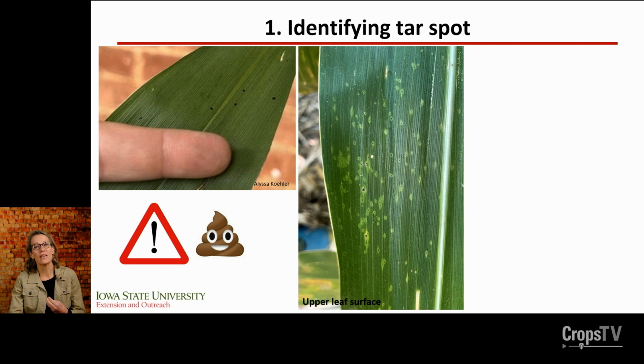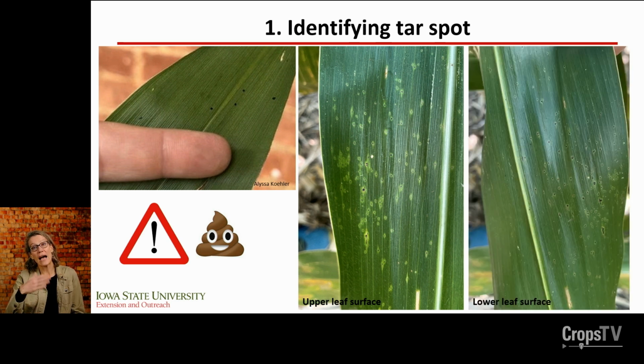So one of the things that I do is, if I see something on the upper leaf surface that looks like tar spot, this is a picture here. And so what I'll do is I'll turn over and look at the underside of the leaf as well. And you can see that that black spot also comes through on the underside. And the reason for that is that that black spot is a fungal fruiting structure, almost like a sclerotia, if you like, that's embedded in that leaf tissue.